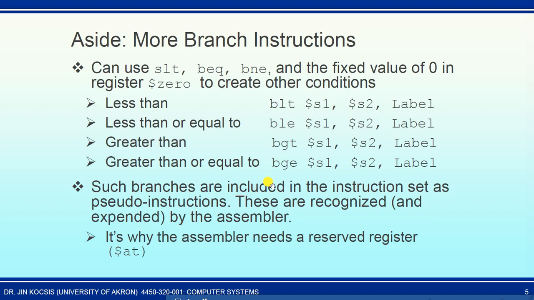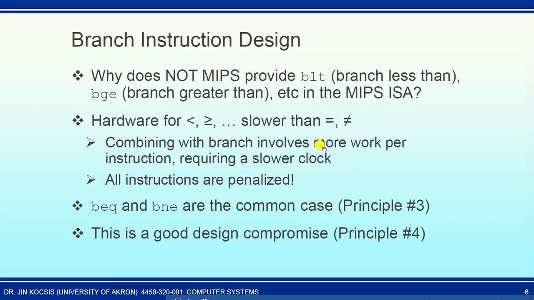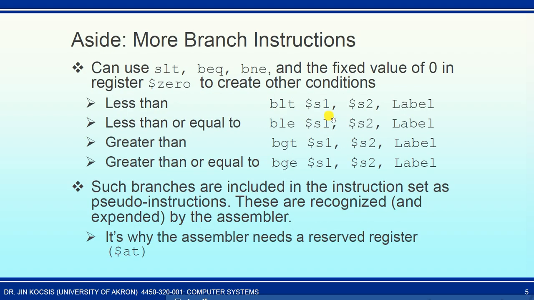Now we have already explained this. The question is why the MIPS instruction set cannot just include these four instructions directly. Why instead does it include another instruction, set on less than?